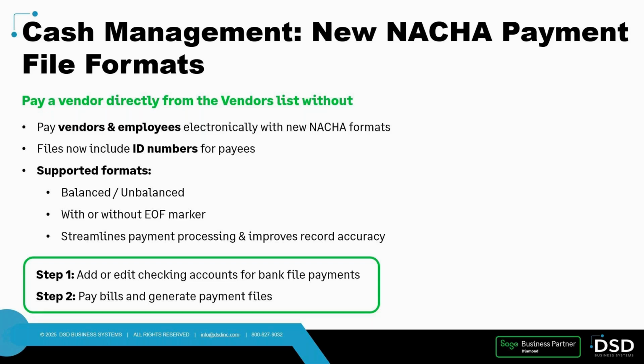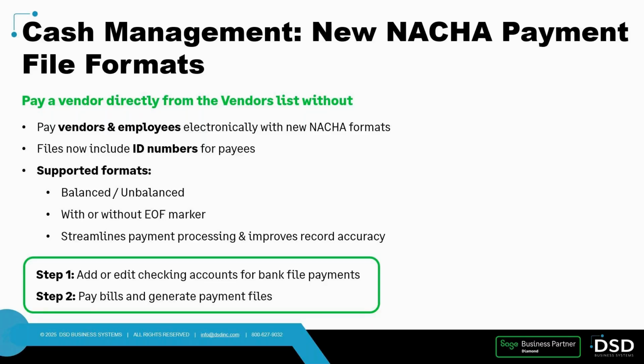The full list of those is: balanced without EOF marker, including ID number; balanced with EOS marker, including ID number; and then unbalanced with EOS marker and unbalanced without EOS marker. This format would be set up when you're activating your ACH payment options.